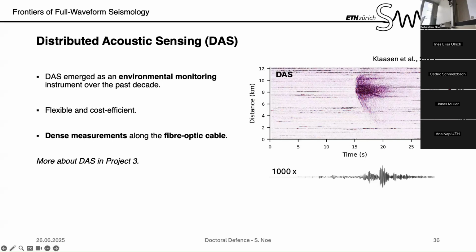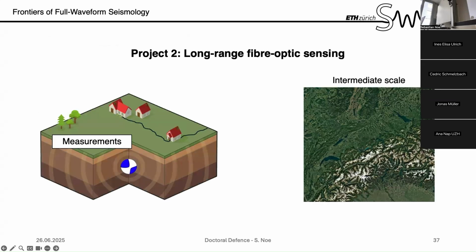So you have to imagine that you now have literally 1,000 of these individual waveforms that I've shown before right next to each other. So this is a really promising way of seeing the seismic wave field. I will talk a bit more about this in the later project. I just wanted to have it established that fiber optic cables are sensitive to earthquakes.